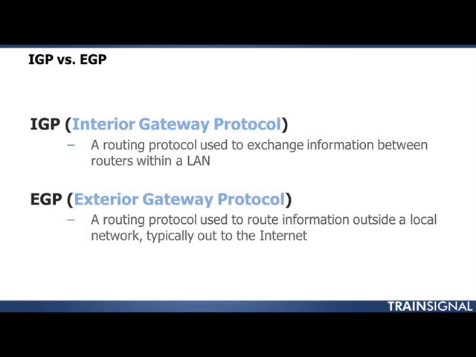Well, if it's an interior protocol, it means that it's used to exchange information between routers within the LAN, or within the interior, as opposed to the exterior protocol, which is used to route information outside of the local network or through the exterior. And most typically, that would mean out to the internet. Okay, so I just want you to be familiar with what those two terms mean.